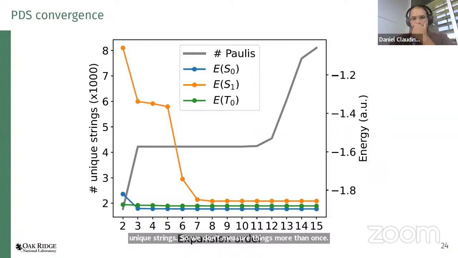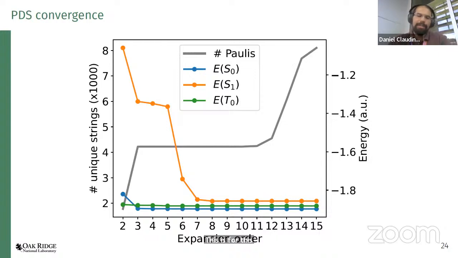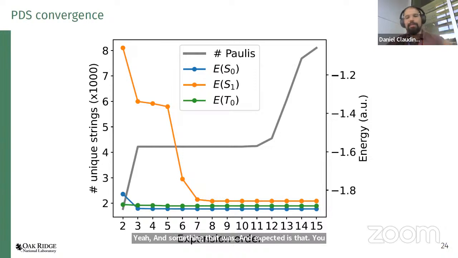Now, this is for this problem. On the left here, we have the number of unique strings, times 1,000. Something that was quite unexpected is that you have this plateau between order 3 and order 10, and after that it starts ramping up again, even though there is no significant energy improvement.